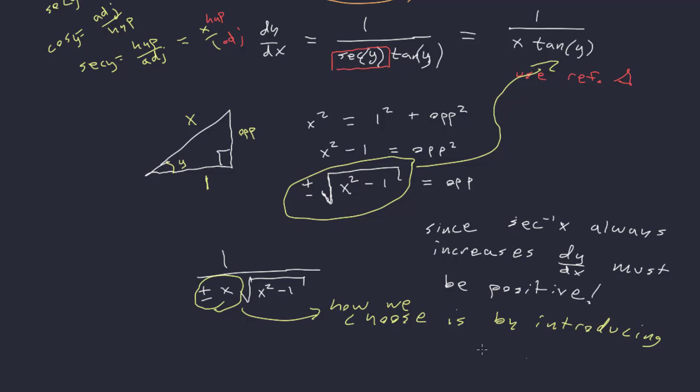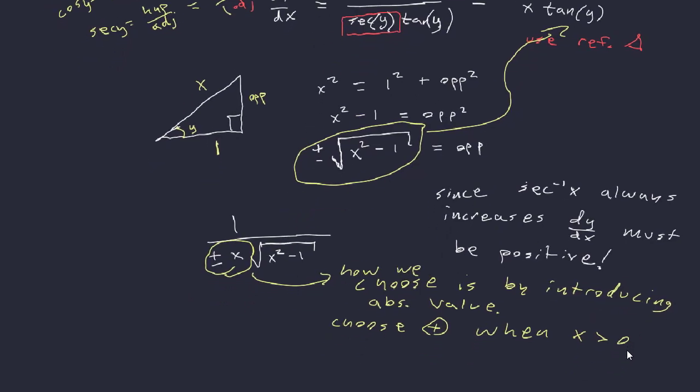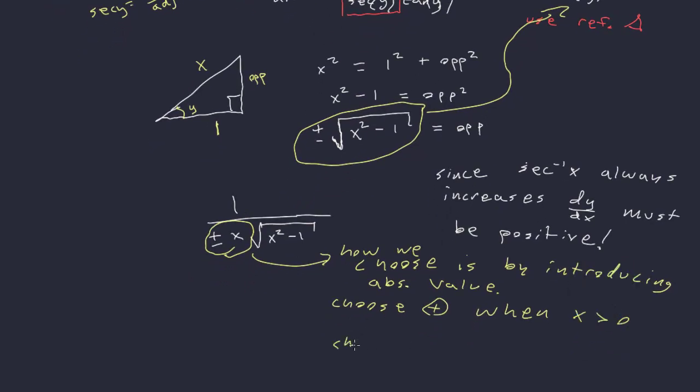But that's basically what we're doing, okay? Because we need to choose positive when x is positive, and we need to choose the negative when x is negative.